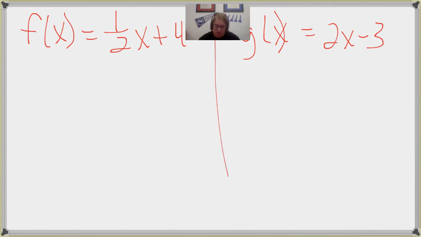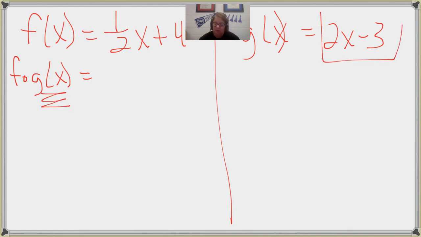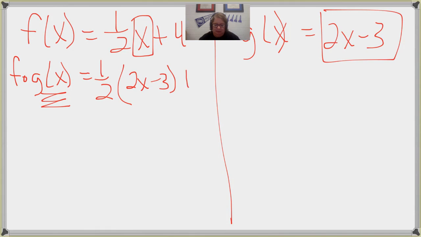To see if these are inverses, I'm going to do over here f of g of x, which means I'm going to start with g of x and plug it in right here for this x. 1/2, replace the x with 2x minus 3, add the 4. You with me? You see where the 2x minus 3 went?